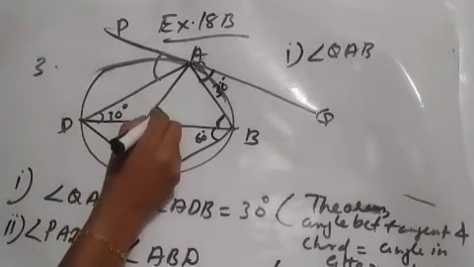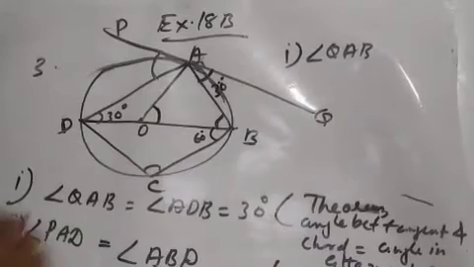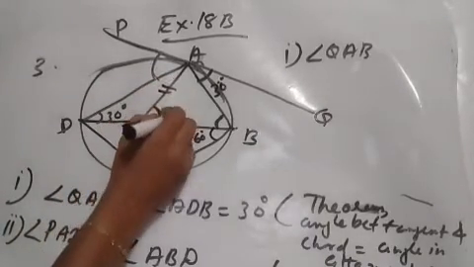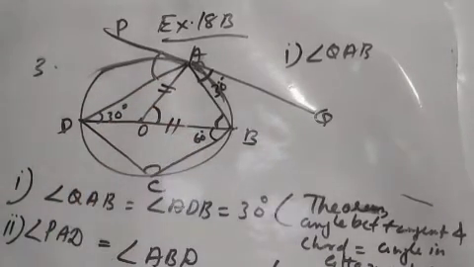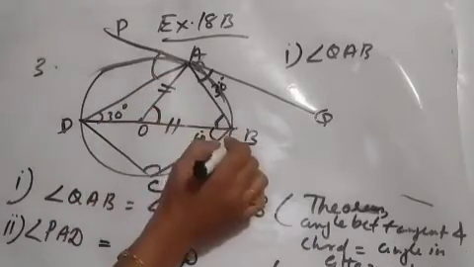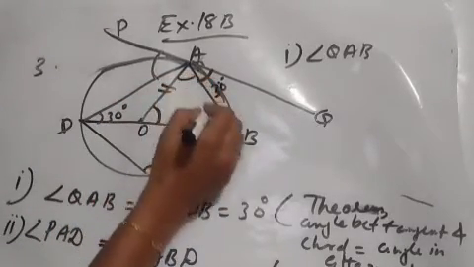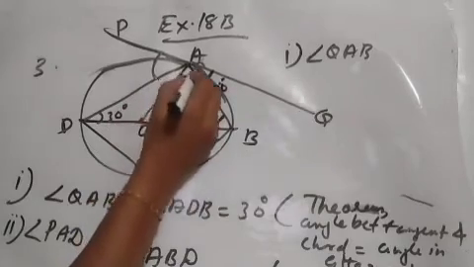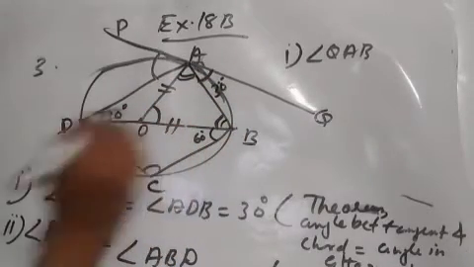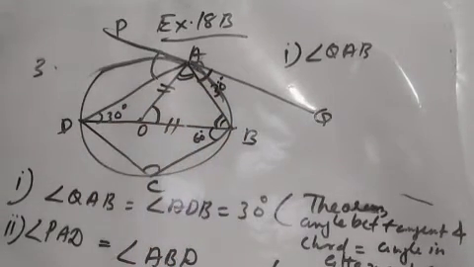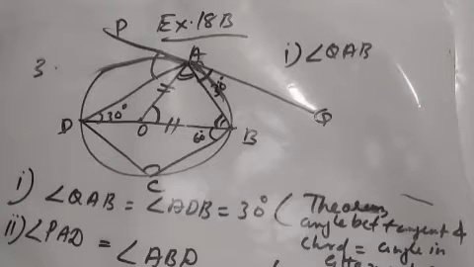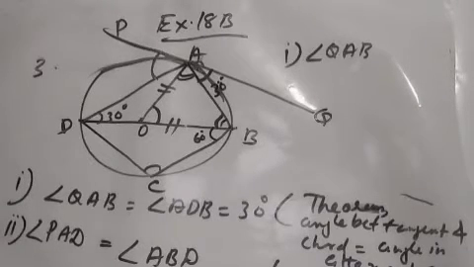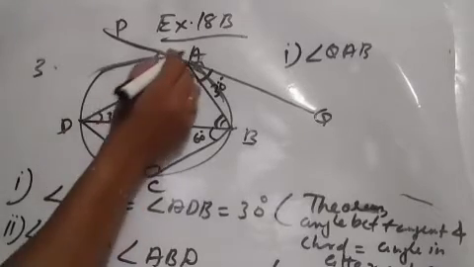First we have to calculate this AOB. Then you know that radii of the same circle are the same, so this AOB is isosceles. So total angle in this triangle is 180 degree, and the remaining portion we have to divide equally. Can you say what is angle AOB? Angle AOB is double that of ADB.